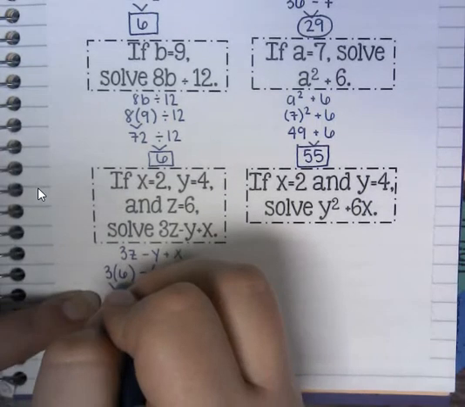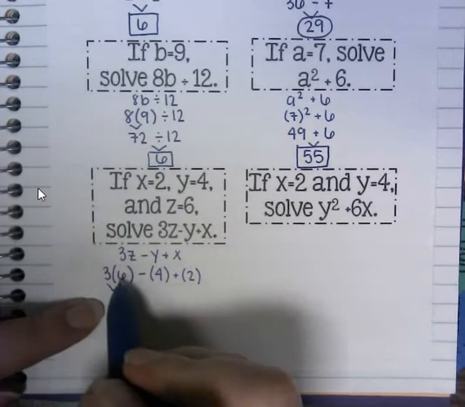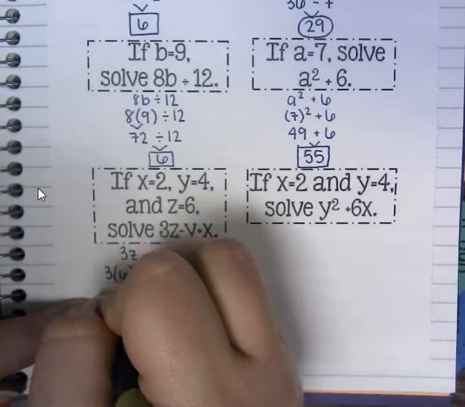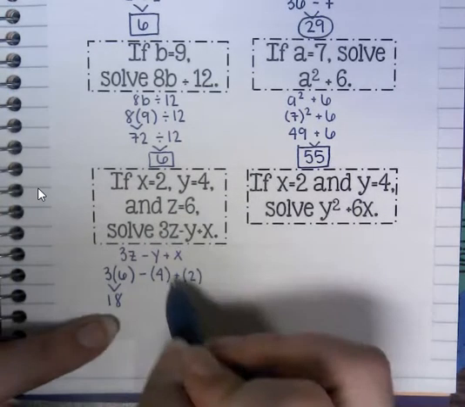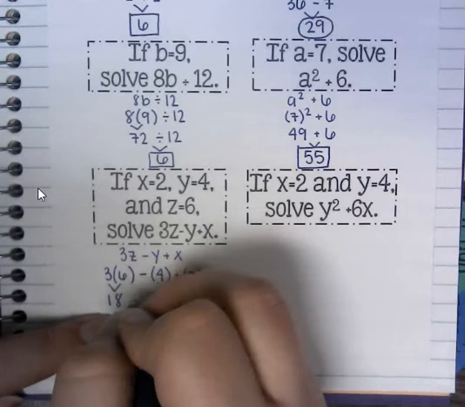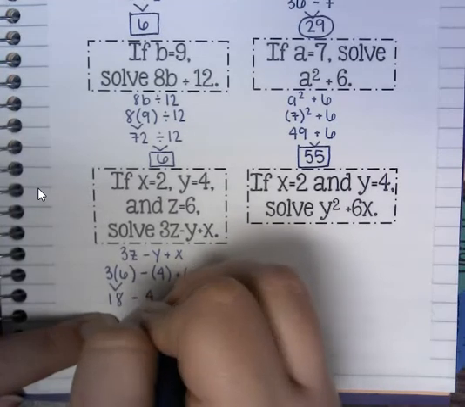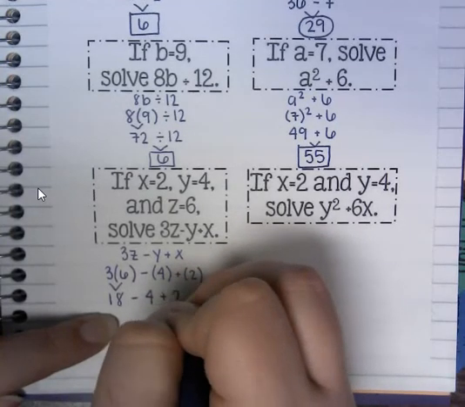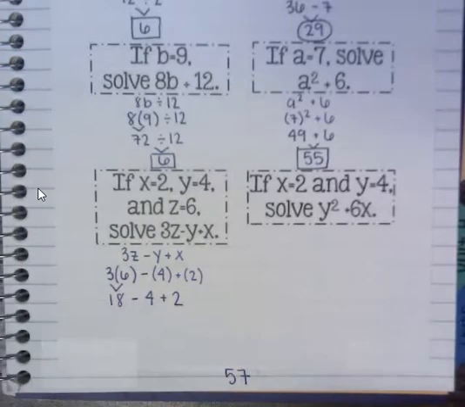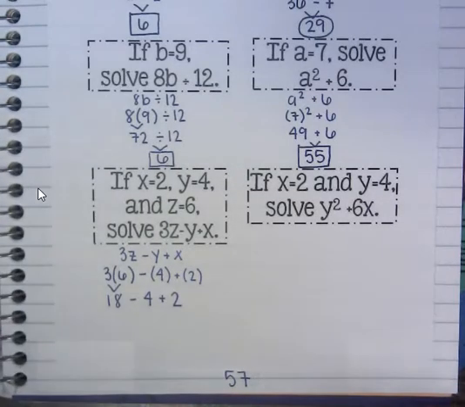We start with multiplication. 3 times 6 is 18. Then I'm going to bring everything else down, but since I've already established that I don't need the parentheses anymore, I'm going to drop the parentheses.